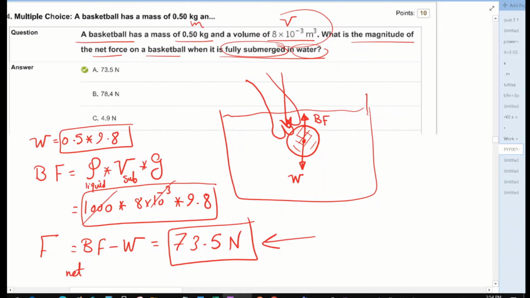So he might say, how much force does the player need to apply on the ball to keep it fully submerged under the water? Because the ball will not stay under the water. It will move directly upward. That's normal. So to keep it under the water, you need to apply a force. How much force is required? 73.5. If you apply it, you will keep it under the water.